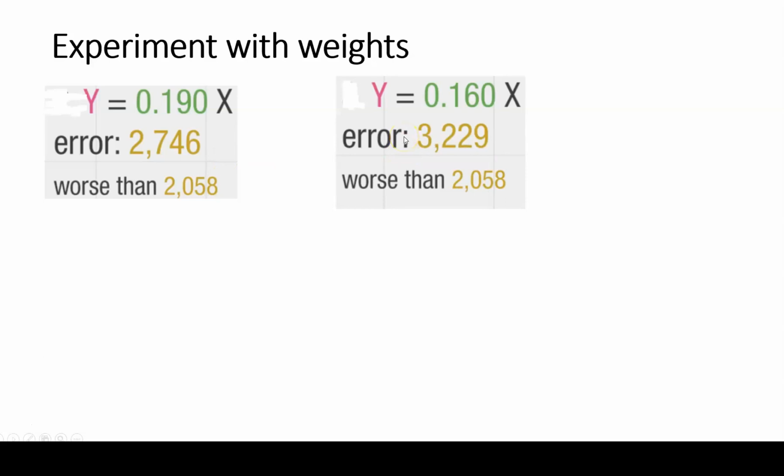So I test another value. I decreased my value and then I made a model as y is equal to 0.160x, and again I found the mean squared error and I got it to be 3229, but again it is greater than 2058, which means this model is also performing worse than the first model I built, which was based on the parameter 0.180.